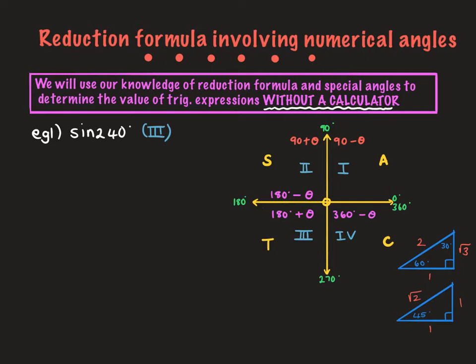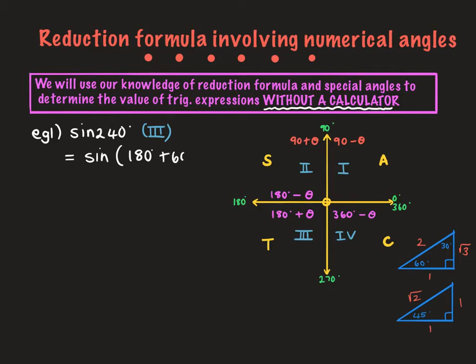I'm working in quadrant 3. We know that quadrant 3 is the 180 plus theta quadrant. So grade 11s, tell me, how can you rewrite 240 degrees as 180 plus something? 180 plus 60 is the same as 240.